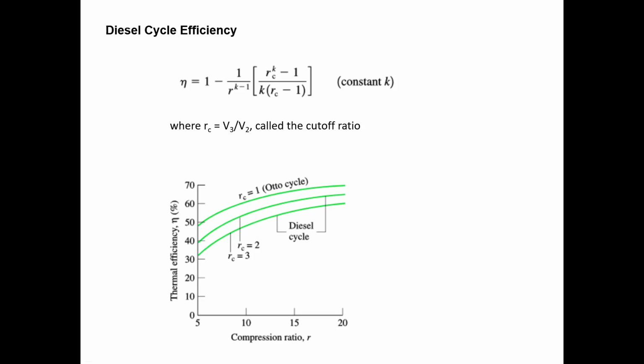If both engines have the same compression ratio, then the petrol engine gives much higher efficiency compared to diesel engines. But in normal situations things are different, because diesel engines are much more efficient compared to petrol engines, because they can achieve much higher compression ratios. I think we have discussed that one in the Otto cycle as well, right? So diesel engines have much higher efficiencies.